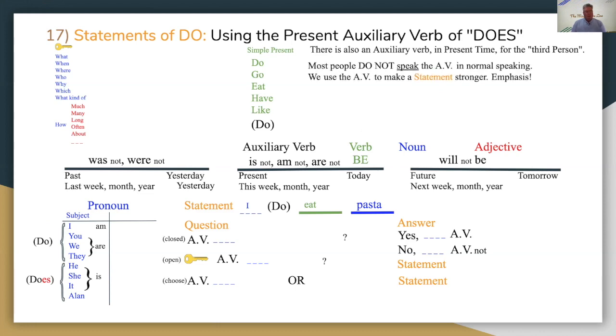So, does he, does she, does it, does Alan. The ES at the end of the do helps us to understand we are communicating about a third person. So do or does.